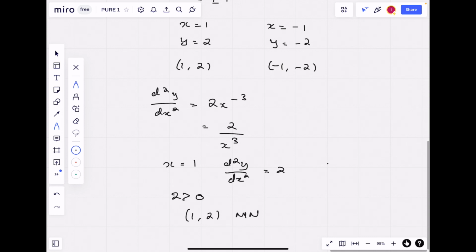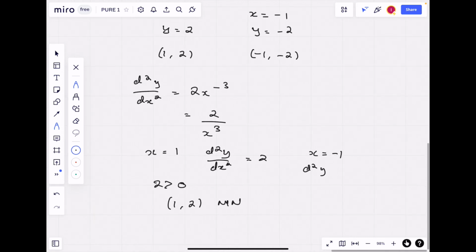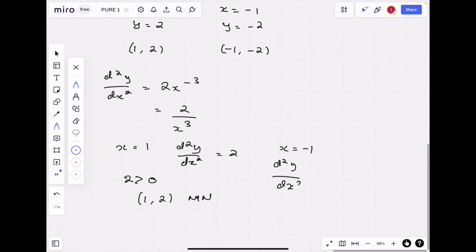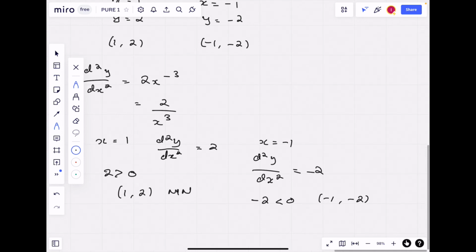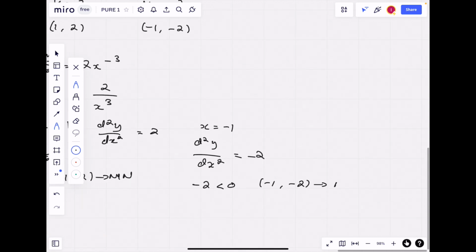And similarly, when x equals minus 1, d squared y by dx squared is equal to minus 2. Minus 2 is less than 0, so the point minus 1, minus 2 is a maximum. There you go. That is how you do stationary points.